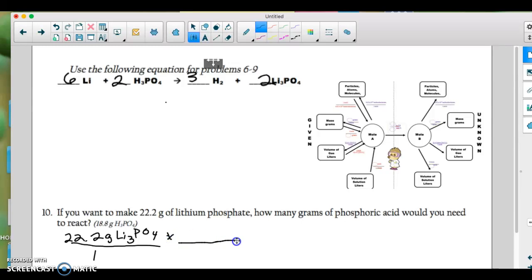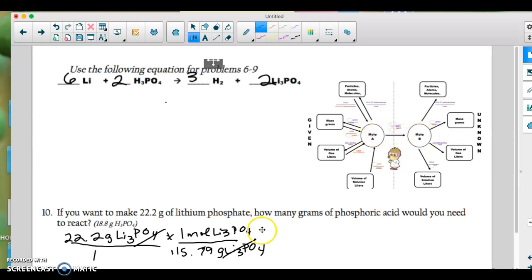So first step is to get these grams into moles. So molar mass of lithium phosphate is 115.79 per 1 mole. So that gets me to moles of lithium phosphate.